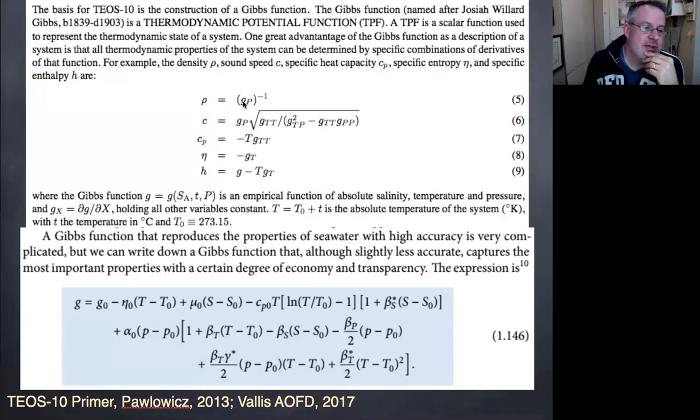If we have the Gibbs function, which here's an approximation for the Gibbs function from Vallis's book, and then we take different derivatives of the Gibbs function, we can find from it the density and how it depends on the salinity and pressure and temperature, or the speed of sound and how it depends on that, or the heat capacity and how that depends, or the entropy, or the enthalpy, etc.